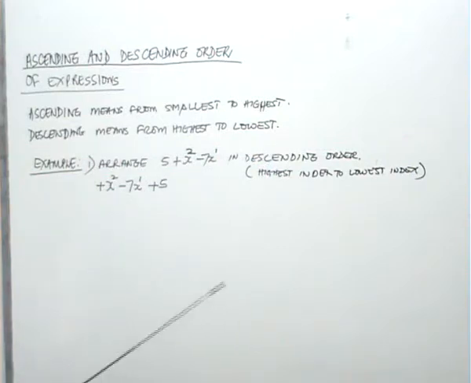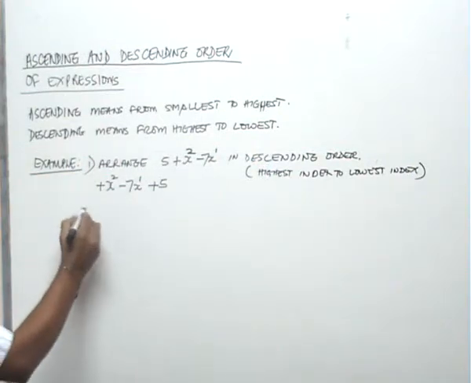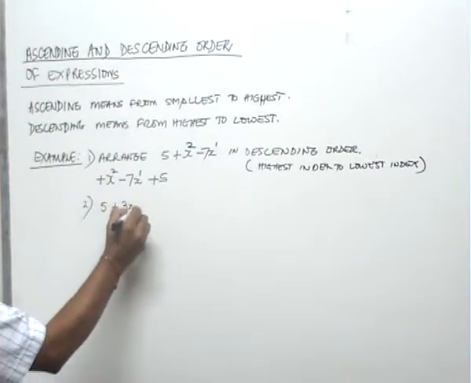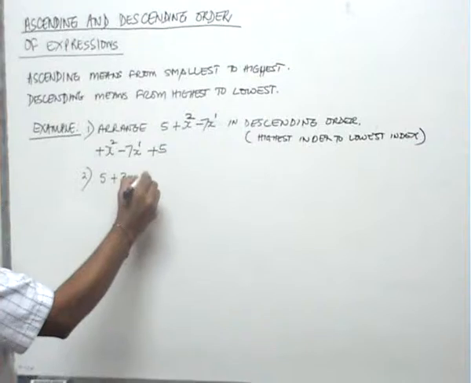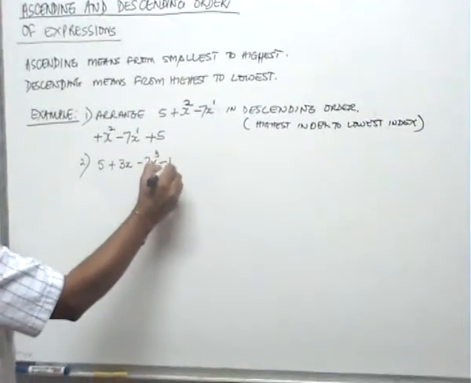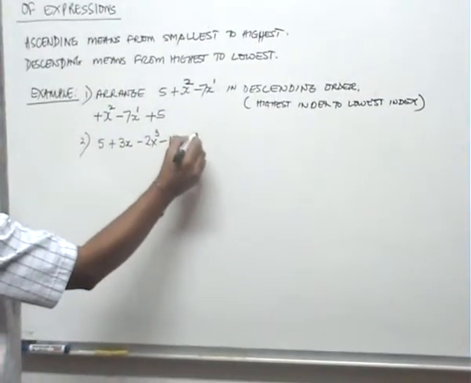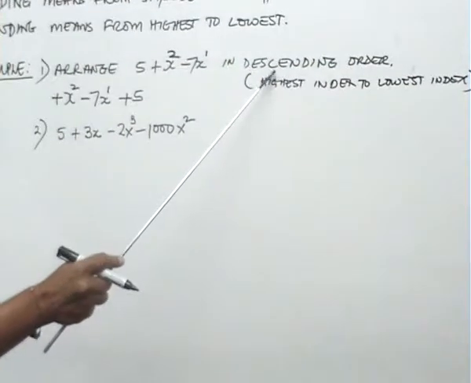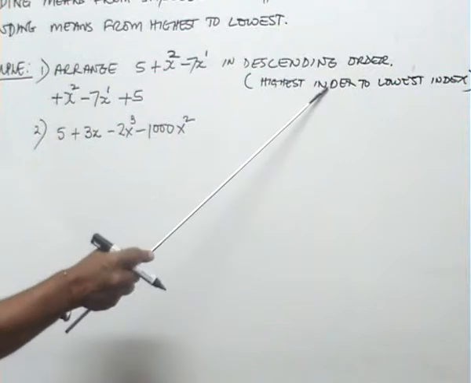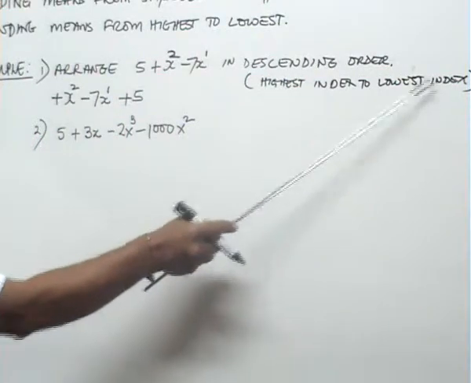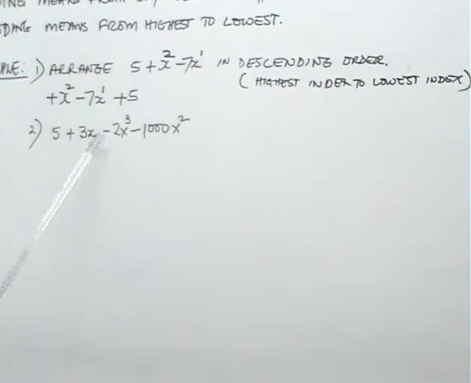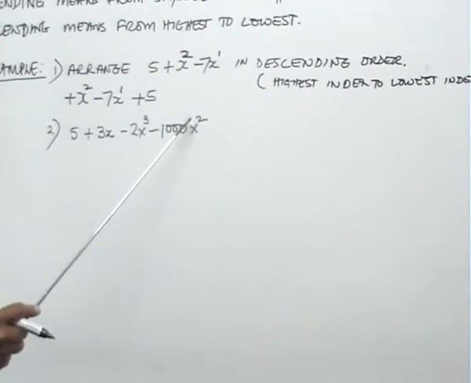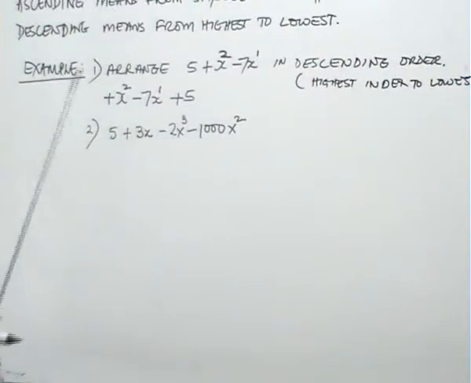Let's do another example on descending order. Number 2. 5 plus 3x plus 2x cubed minus 1000x squared. Now, when we're talking about descending order, we're talking about highest index to lowest index. We're not worried about the numbers here. We're only worried about the indices.